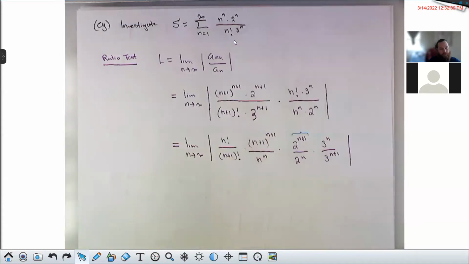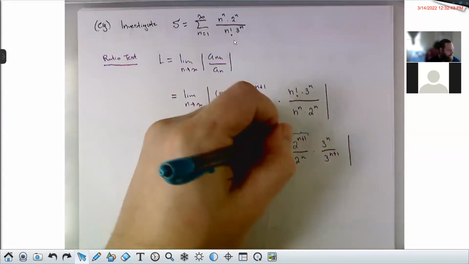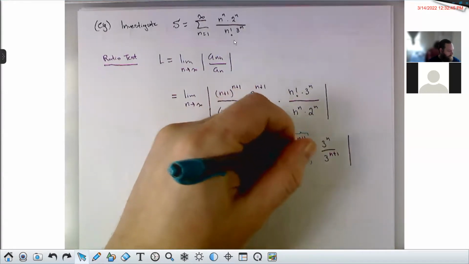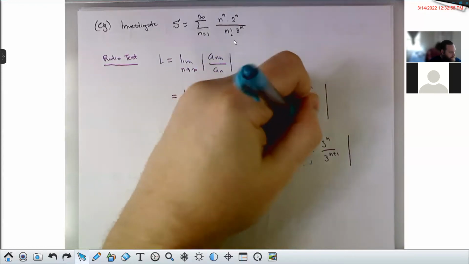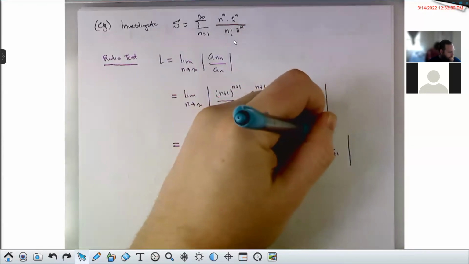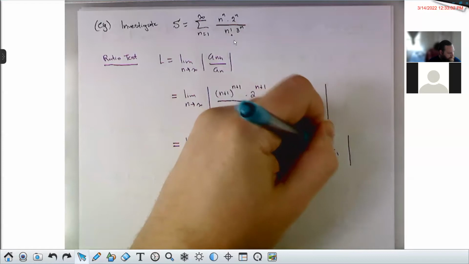Forget about the limit for a second. What is 2 to the n plus 1 over 2 to the n? What is this fraction? Good. This is just 2. All right, just a little bit of algebra.